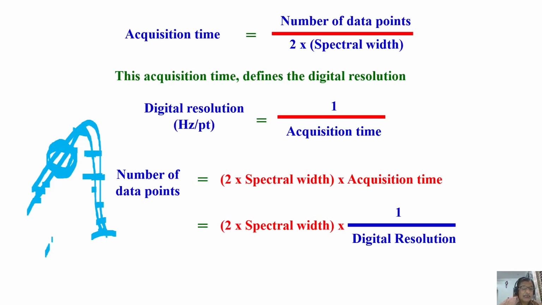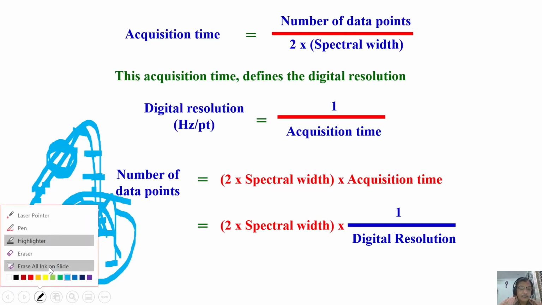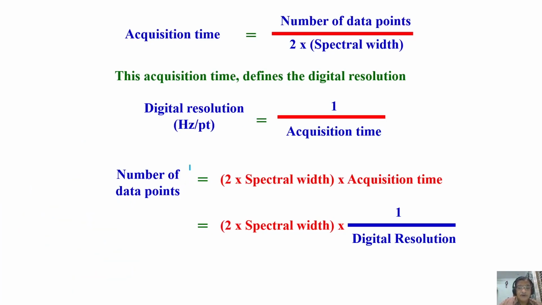On the other hand, let us say this peak is actually a peak like this. That is a doublet. But you collect one data point here, one data point, and one data point here. Then you will miss the doublet because you are not getting good resolution. So the number of data points you acquire and the duration for which you collect the signal defines your digital resolution.